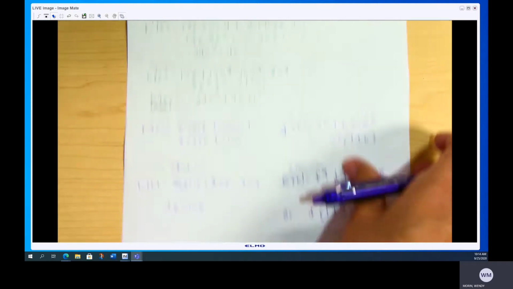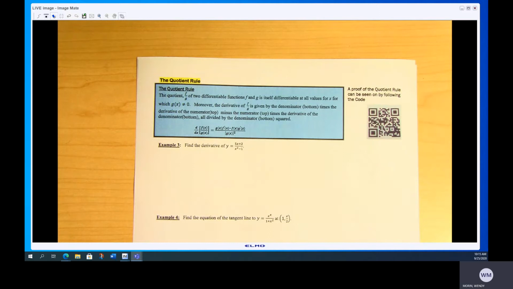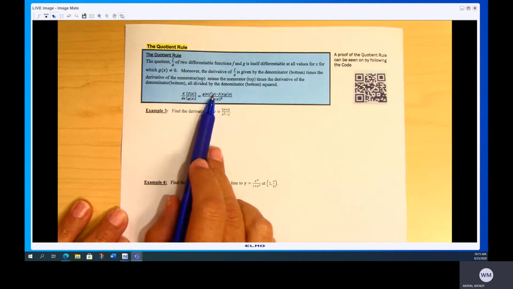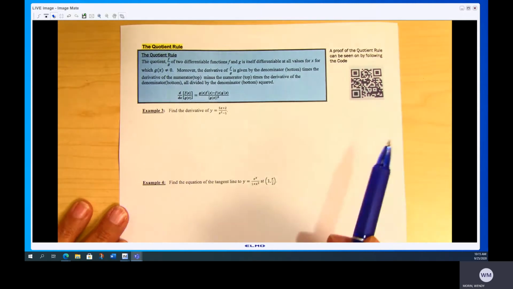Okay, let's move on to the quotient rule. The quotient rule is the one that you want to avoid using at all costs, because it's a lot to memorize, but you still have to memorize it. This is the quotient rule. Again, if you want to see the proof, just go ahead and scan that.